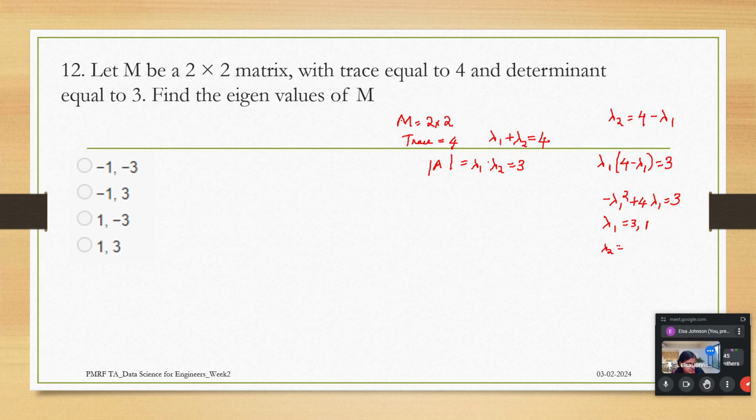Lambda 2 will be 1 or 3. If lambda 1 equals 1, then lambda 2 will be 3, so D is the answer.